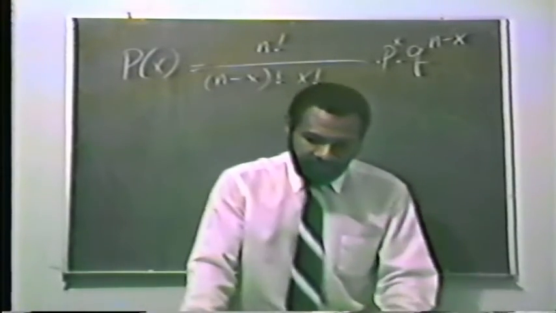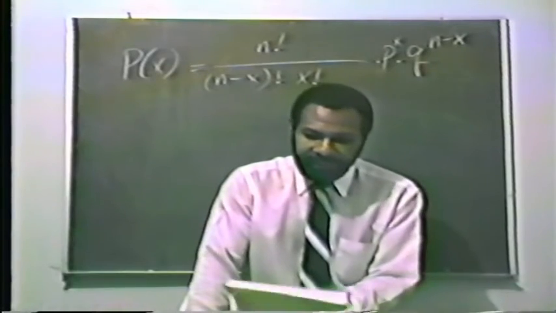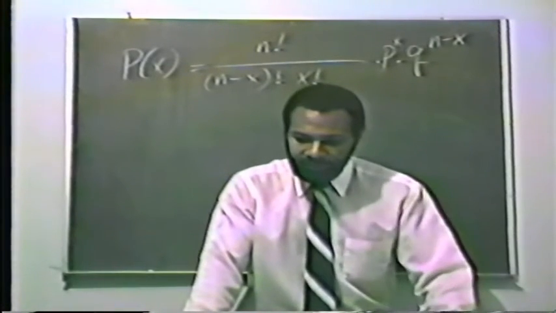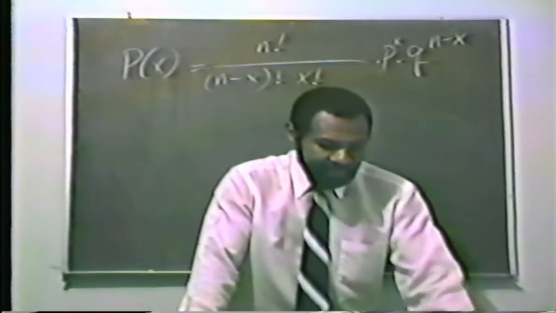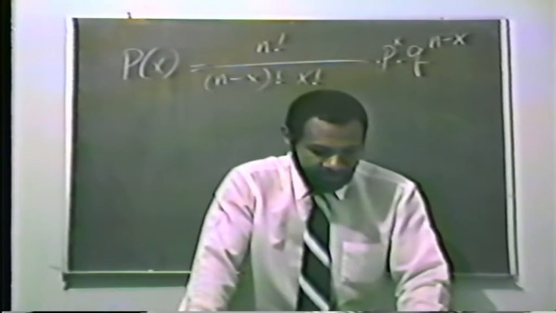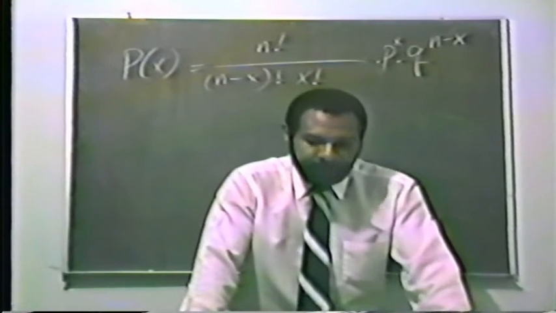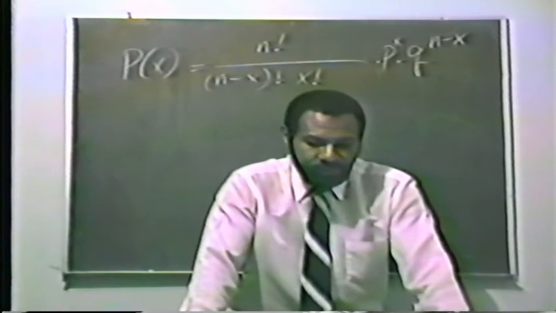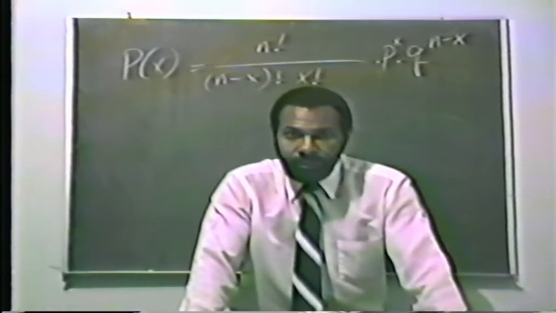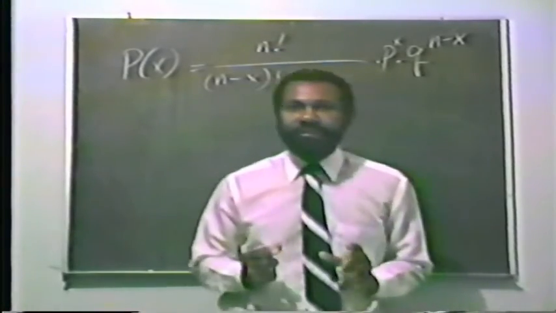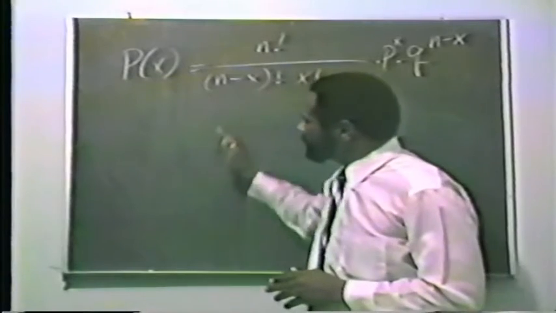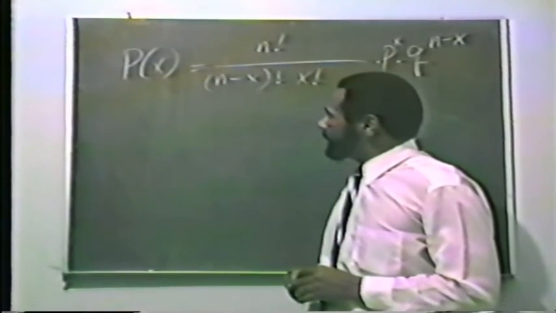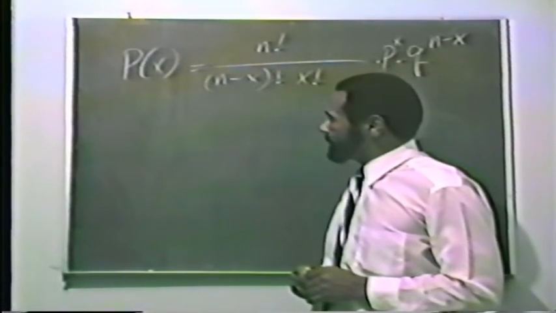Now that we have seen the formula, and now that we know something about factorial, let's take a look at an example so that we can see exactly how this formula works. In your textbook, turn to page 223, and there you'll see an example that we can use to apply this formula for finding binomial probabilities.